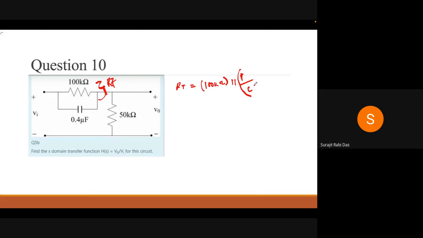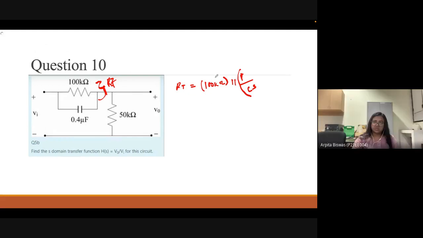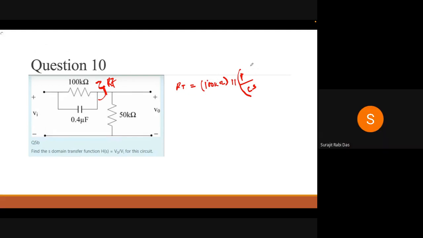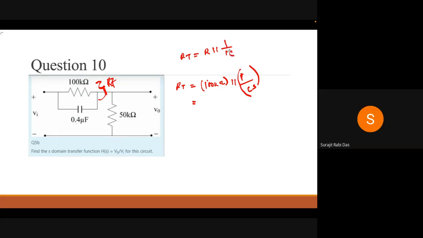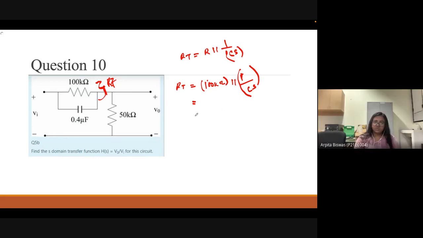Yes. Okay, we can write directly here the R. At first, we can calculate like this. RT equals R parallel with 1 by CS. R1 parallel with 1 by sC.